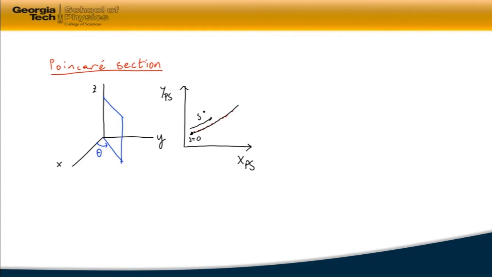So our interpolation function will be something like this. It will input an arc length, and it will return location of the point on the Poincare section.